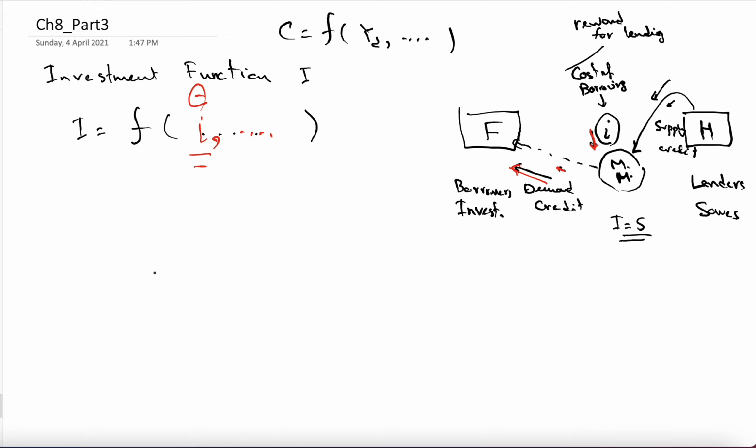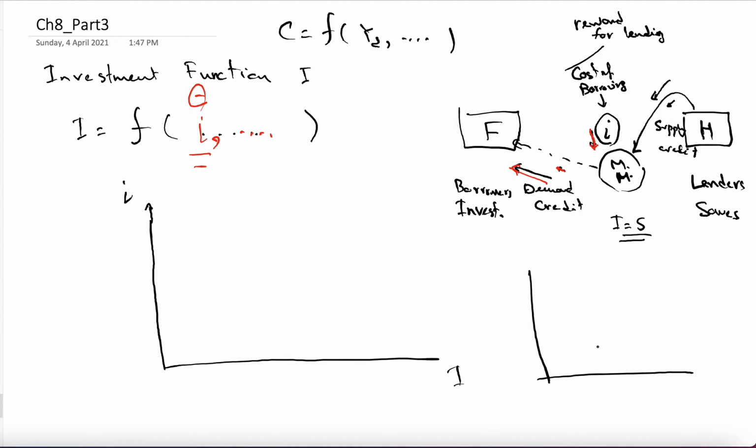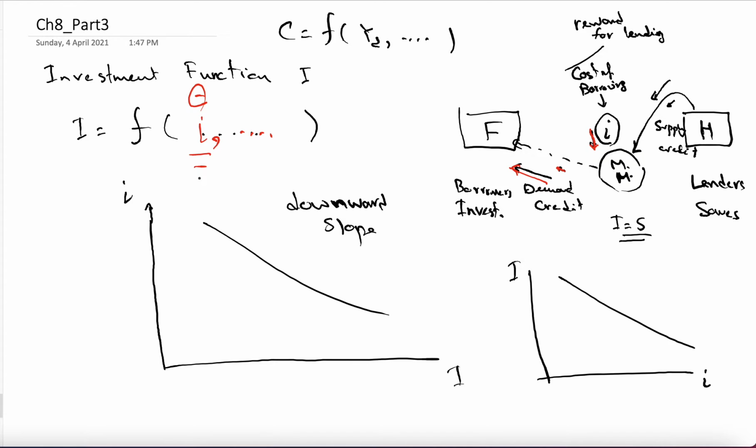If we draw interest rate here and investment here, or the opposite, it's always going to look like this: downward sloping. If the interest rate goes up, investment will go down, because it becomes more costly for the borrowers to borrow.